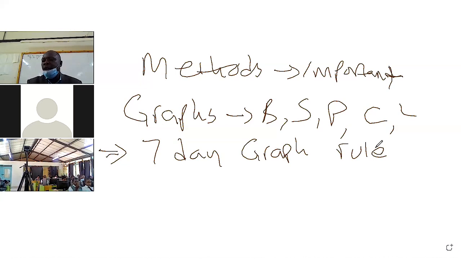Working out this one here, I can guide you. We encourage this because most of the graphs are easy marks to score, and because there is a variety of them, the examiner will always test you, having so many marks.